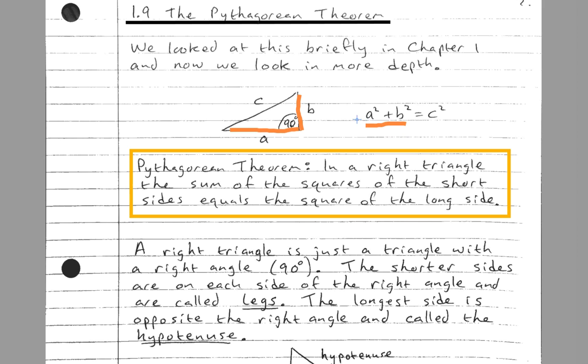And the sum of the squares of those two legs is equal to the square of the long side. That's the hypotenuse. So that's what this theorem says.